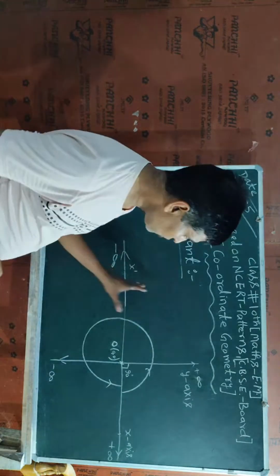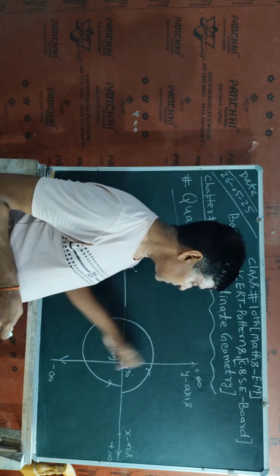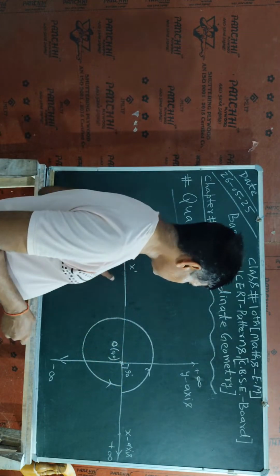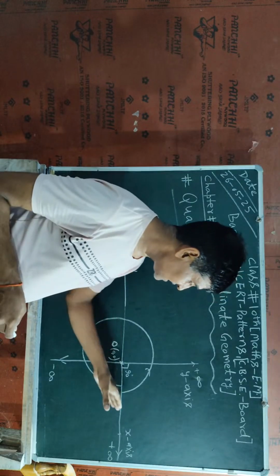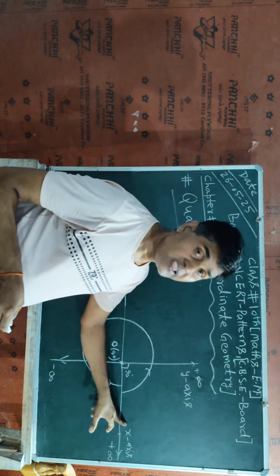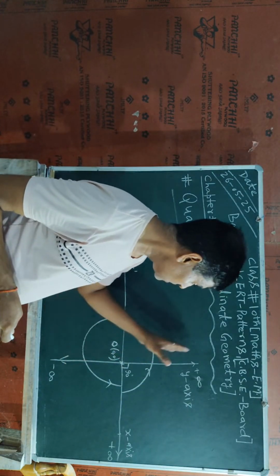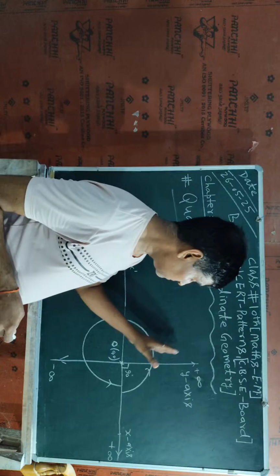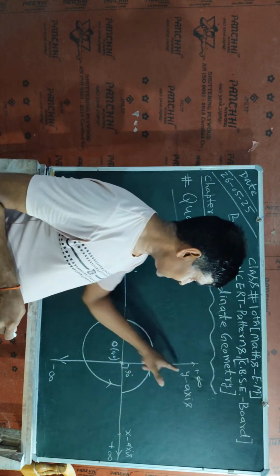In the Cartesian system, I have drawn 2 lines which are perpendicular to each other. A line which is parallel to the horizontal line, I call the x-axis. A line which is vertical and perpendicular to the x-axis is called the y-axis.